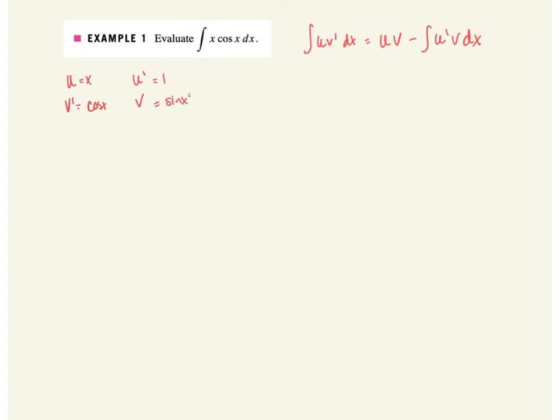Now it's just a matter of putting things back together. If I'm anti-deriving x cosine x dx, in other words, if I have in my integral u v prime, then it is going to be equal to u times v, so x times sine x, minus the integral of u prime v, 1 times sine x dx.